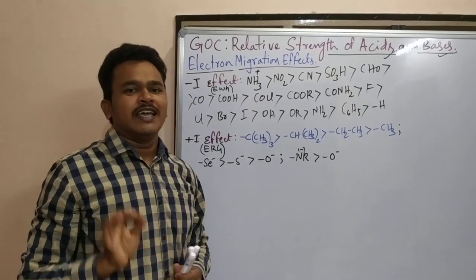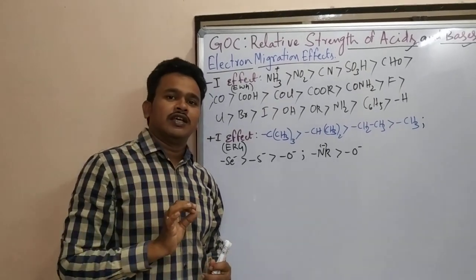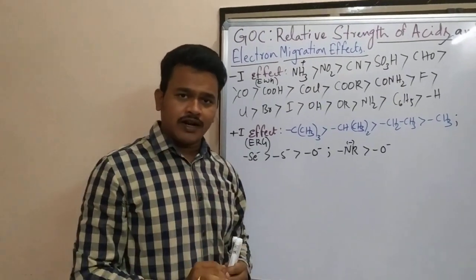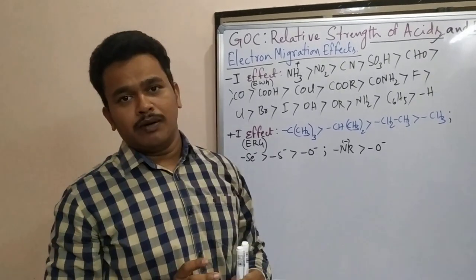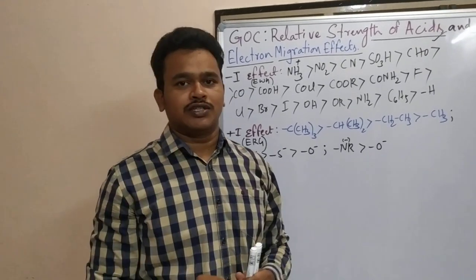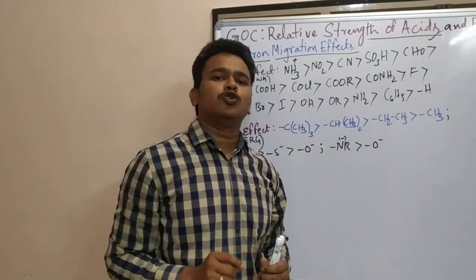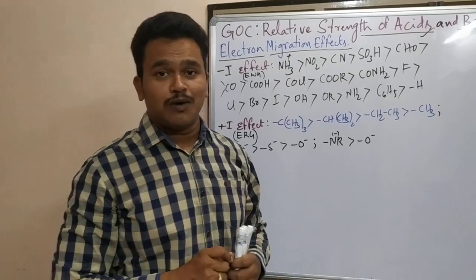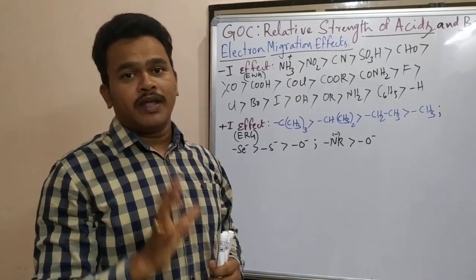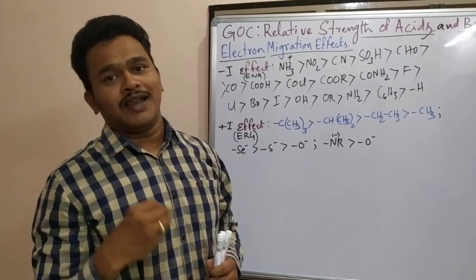Mesomeric effect. In this one there is a conjugation. What is involved in mesomeric effect? There is involvement of lone pair electrons, multiple bonds, otherwise pi electrons. There are groups responsible for this mesomeric effect, that is plus M groups and minus M groups.